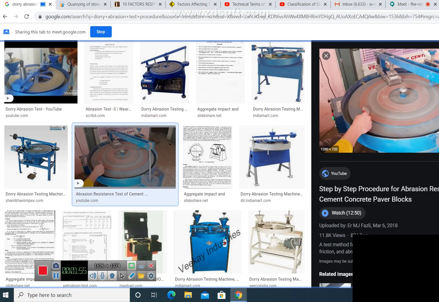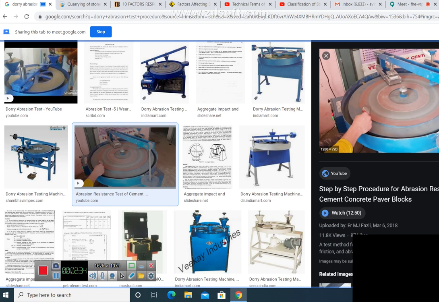So, in Dory abrasion testing, we have a circular disc, a flat circular iron disc. You can see the flat circular iron disc here. It has a diameter of 60 centimeter, and the disc will be rotated continuously in a horizontal plane at 28 to 30 rpm speed.